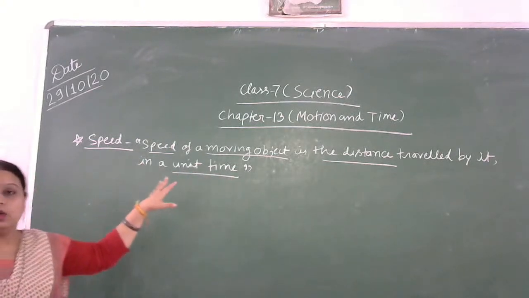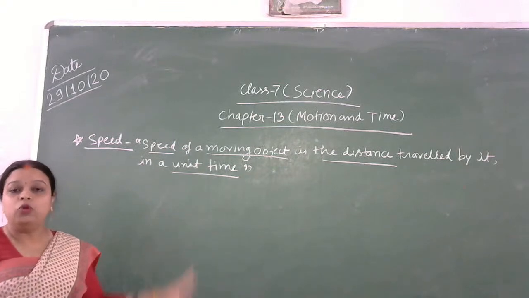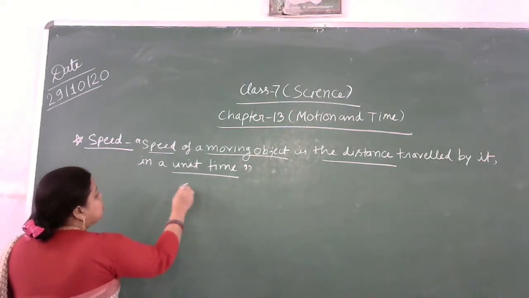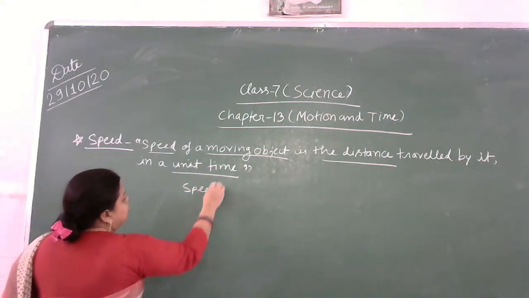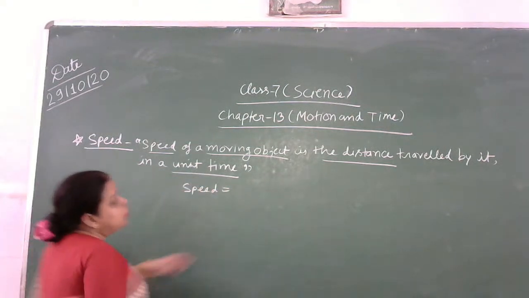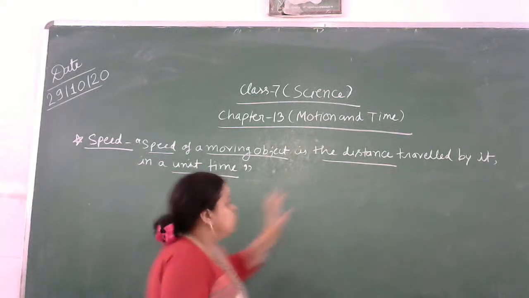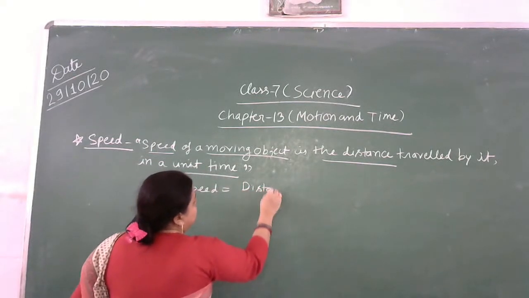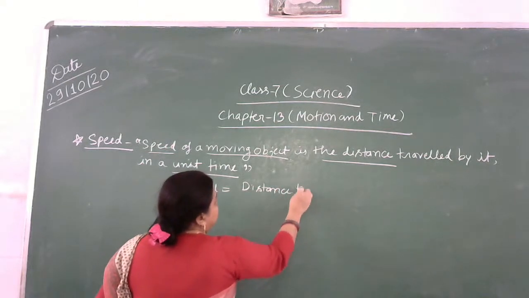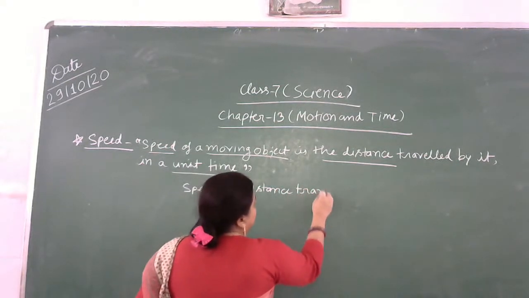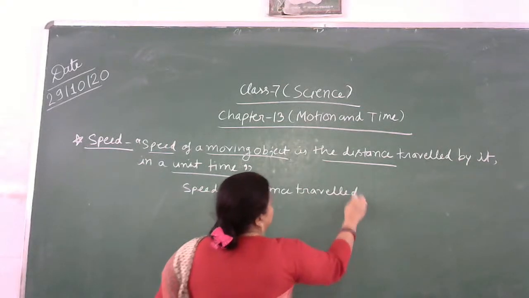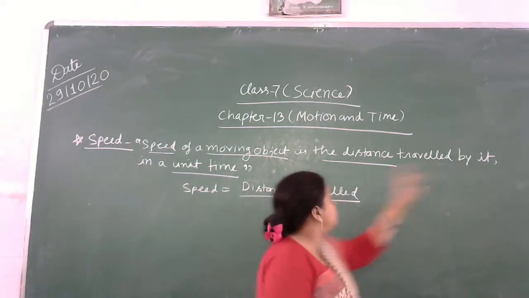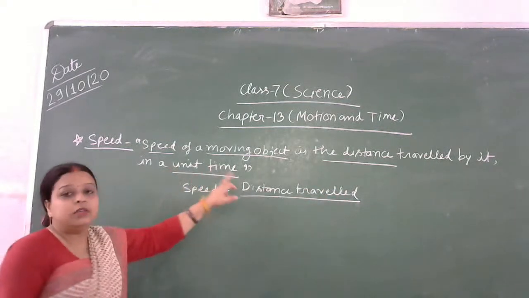So by this we get the formula of the speed. Speed equal to distance traveled by it in a unit time.